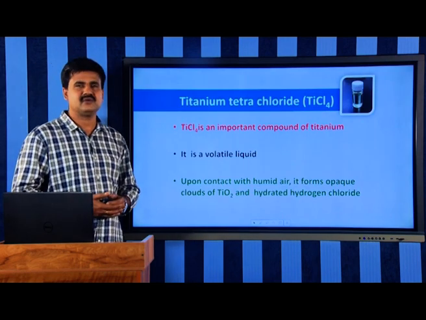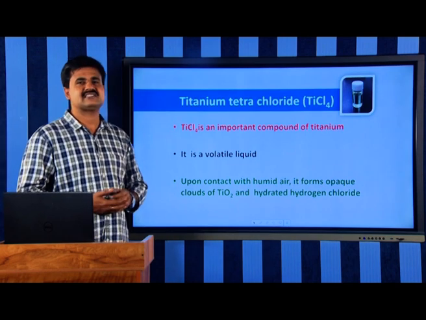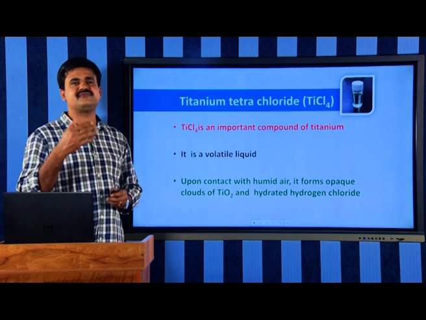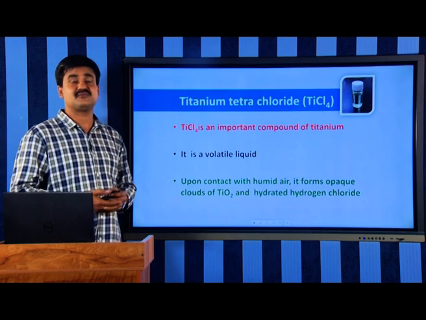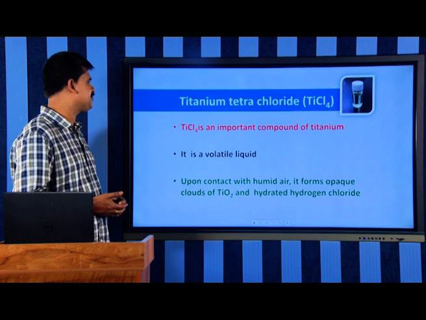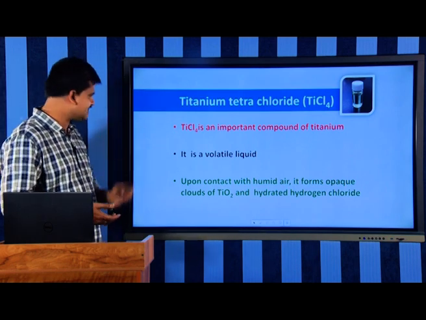Another compound for today's discussion is titanium tetrachloride. This titanium tetrachloride is very famous since it is involved in the preparation of a catalyst for polymerization, that is called the Ziegler-Natta catalyst. Titanium tetrachloride is an important compound of titanium.